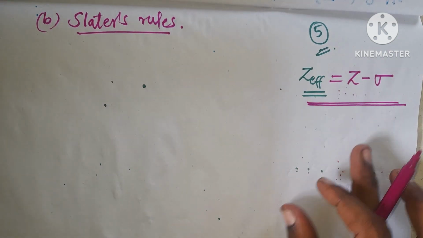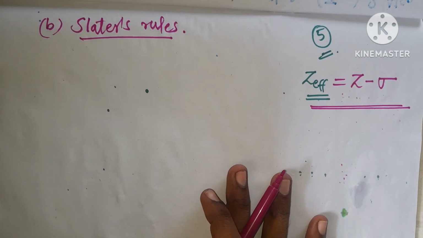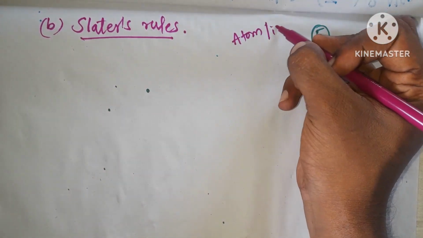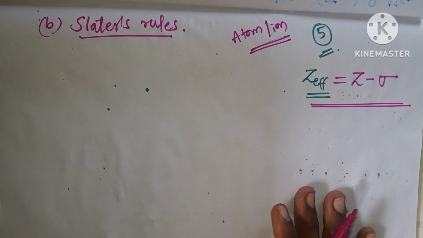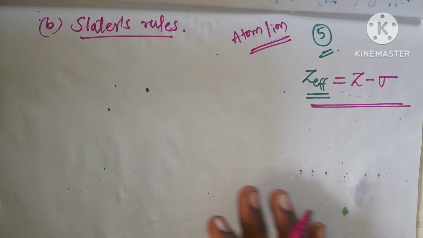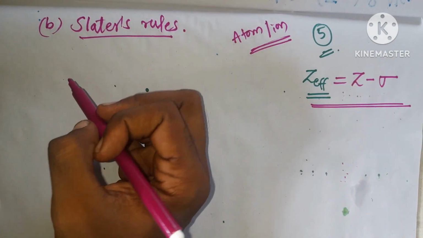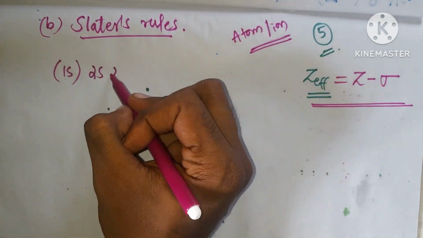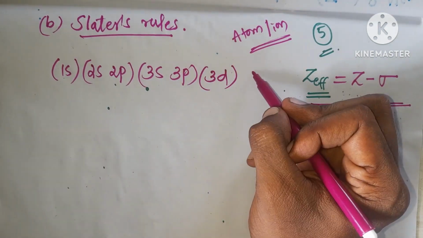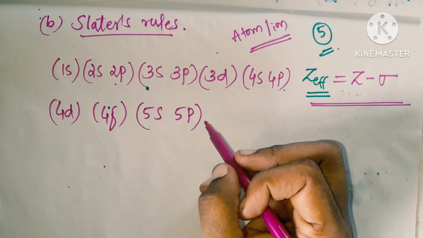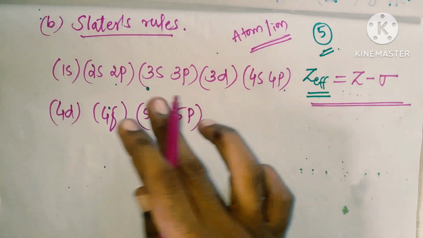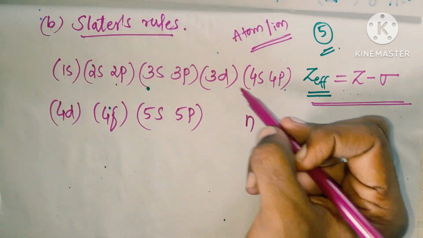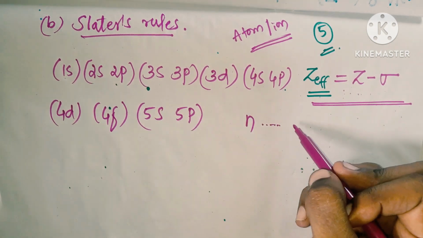Moving to the first Slater's rule: for any given atom or ion, for calculating its Z effective, first arrange its electronic configuration in the following manner, where the n value, that is the principal quantum number, goes on increasing.